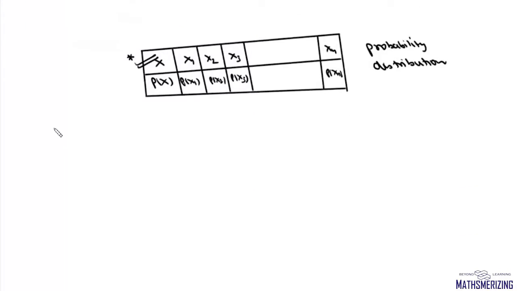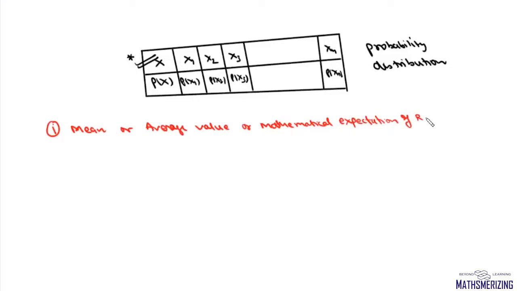So the first thing that we can define is its mean, or average value, or we can say mathematical expectation of a random variable. Basically we'll write this mean as mu or E(x), which is the expectation of this random variable x.